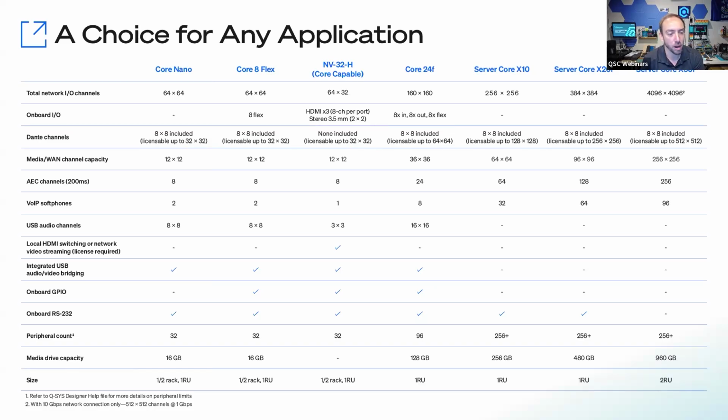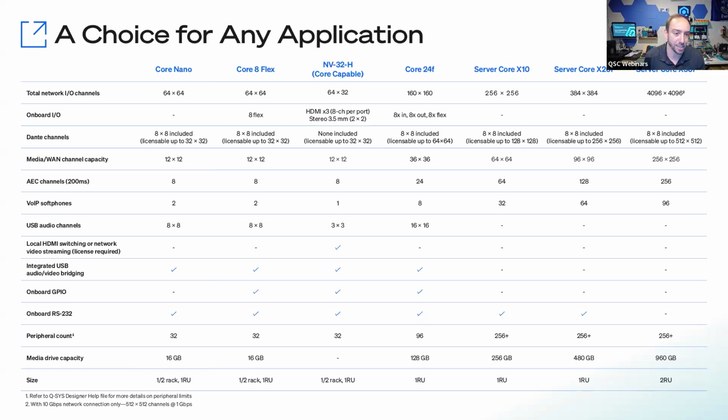But one of the other things we'll want to check is that there is a small number of Core 110s that were built before 2017 that do not have the capability to go to Designer 10.0 or newer. So we would want to check the serial number and make sure, because you may be getting left behind for a Core 110 that is that old.